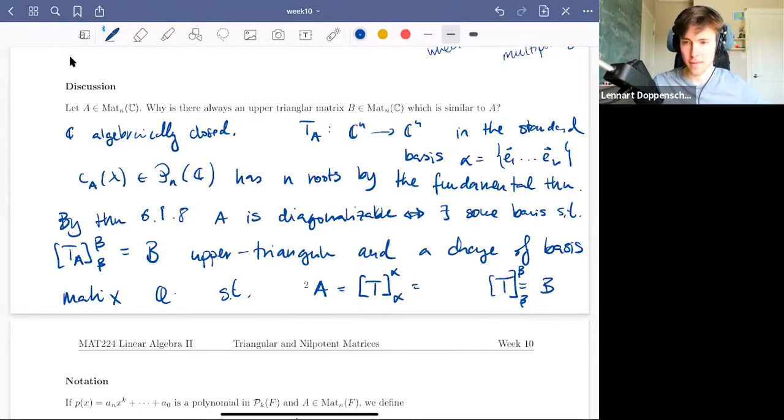And now we know that if we have a change of basis matrix going from one basis to another basis, and in particular, for any two bases of a space, you can always compute the change of basis matrix.